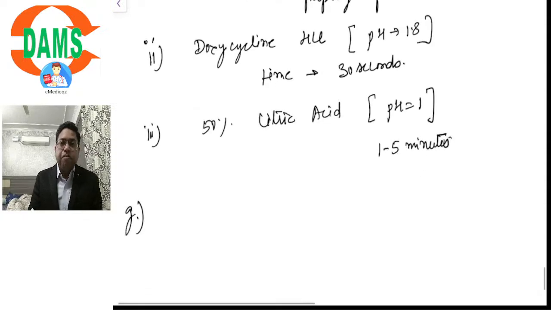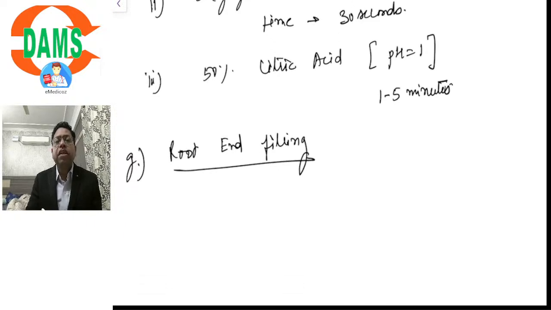The next step would be root end filling. Root end filling can be done with different materials, which are called root end filling materials.